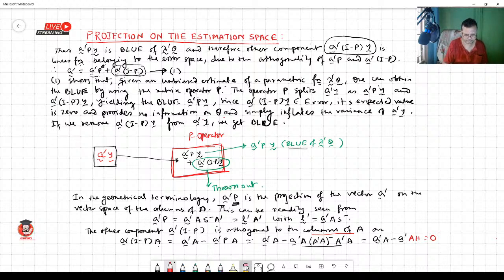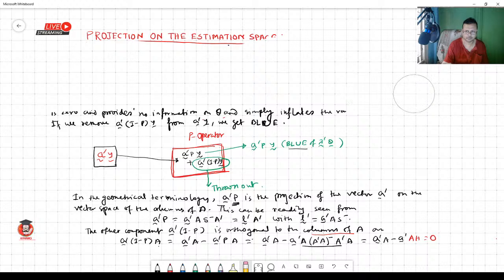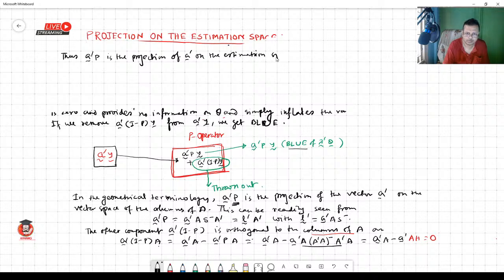Thus A'P is the projection of A' on the estimation space, and this P is called the projection operator.